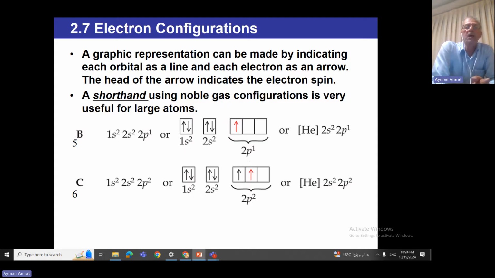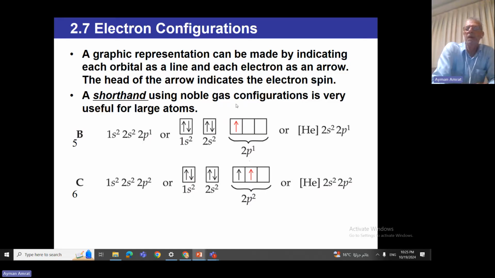There is a shorthand using noble gas to simplify the electronic configuration. This is the electronic configuration 1s2 for helium. So you can use helium and complete after helium: 3 electrons, 2s2 and 2p1.